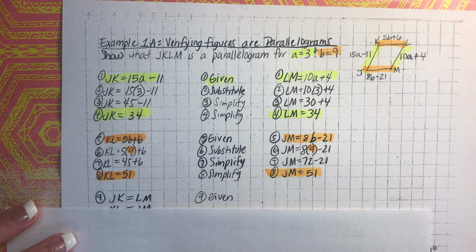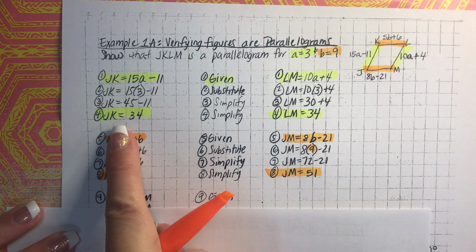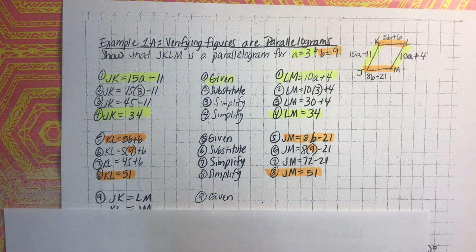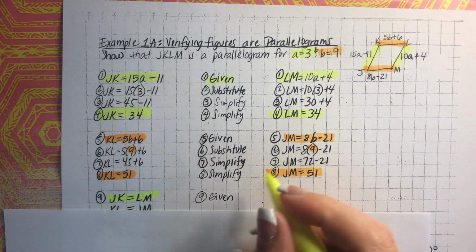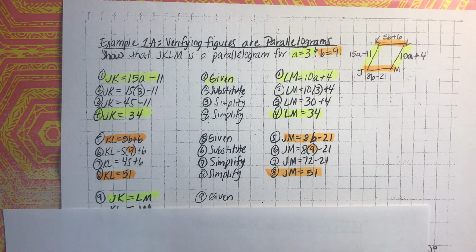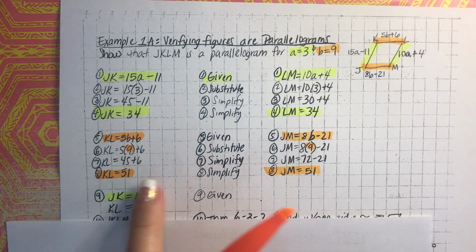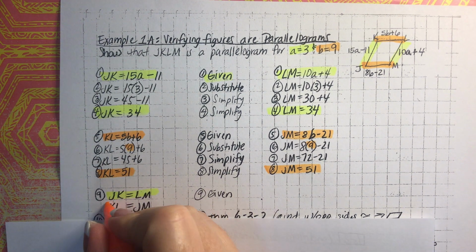So here we're just stating JK is equal to LM, okay? And this would probably be more like substitution. And then we have KL is equal to JM.